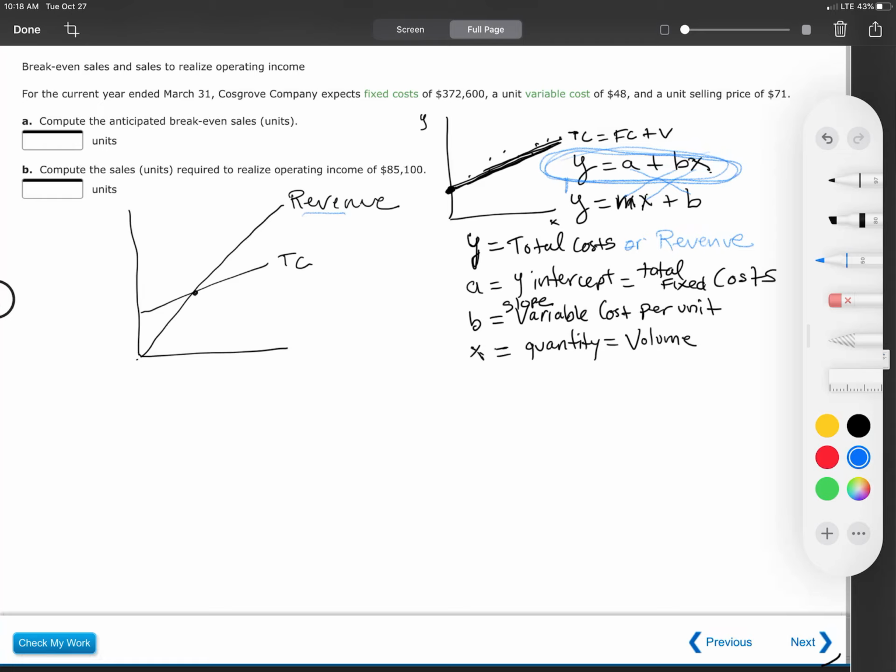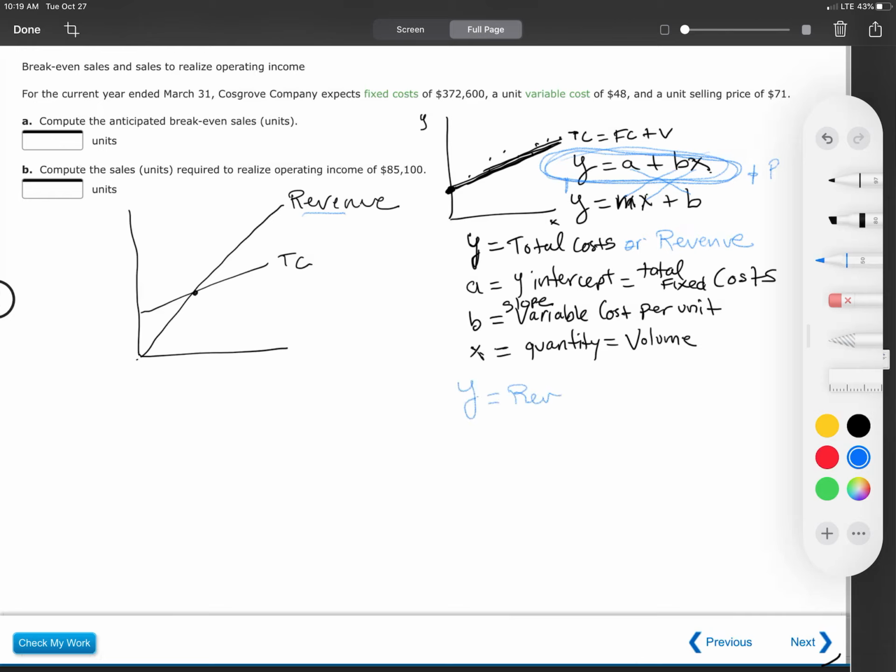In the revenue curve, you have to add one thing to this equation, plus P. Y equals A plus BX plus P. That would be profit, because revenue includes your costs and your profit. And something else.